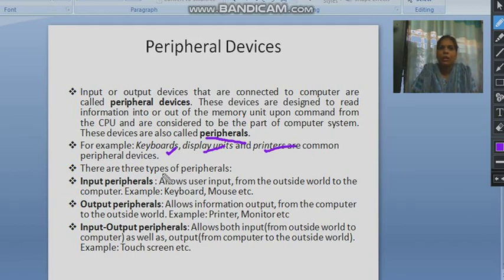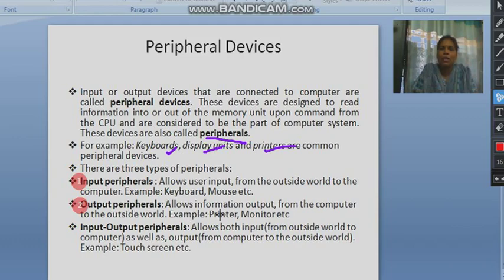There are basically three types of peripheral devices. The first one is input peripherals. Input peripherals allow for taking input from the outside world, and majorly keyboard and mouse are the examples. Second is output peripherals.